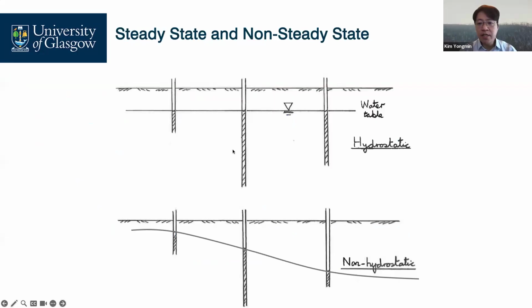So as you can see, the standpipe, this is one of the piezometers, were installed here and there, and their readings are like this. In the first figure, all standpipes show the same water levels, horizontal levels, which shows the level of water, right?